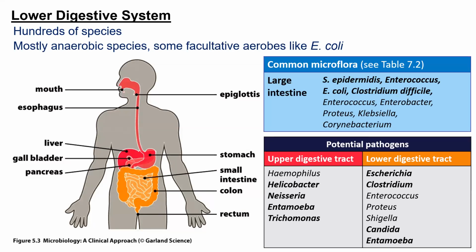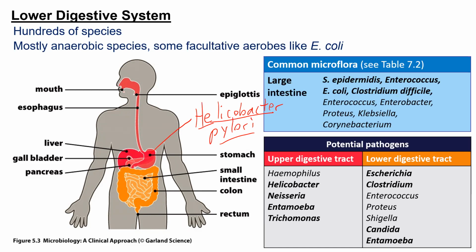If you remember, the one example of a microorganism that lives in the stomach regularly is Helicobacter pylori. That one is associated with stomach ulcers, and it will naturally live in the stomach and is very happy to do so.